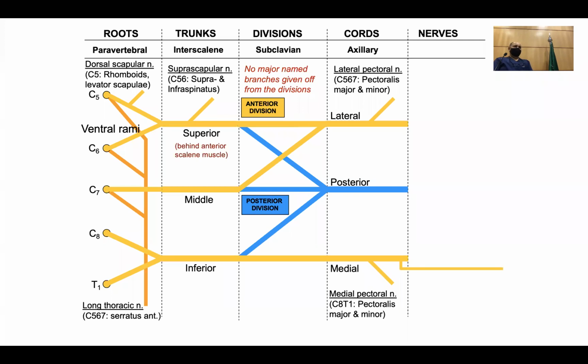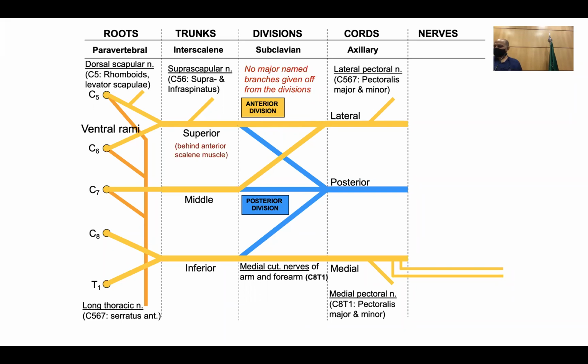Then my medial cord gives a branch which goes forward. So these are medial cutaneous branches. The word cutaneous means sensory, the ones that go just for sensations. So from my medial cord, you can see that there are two cutaneous branches going forward.